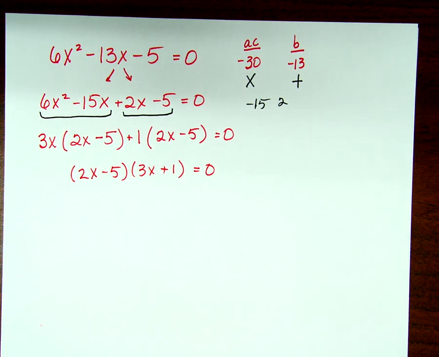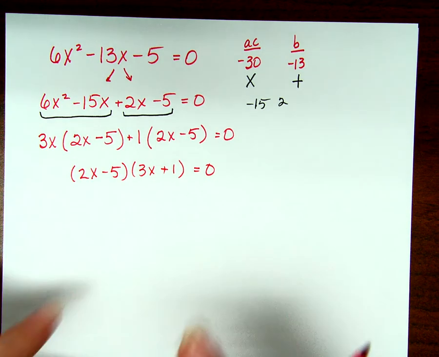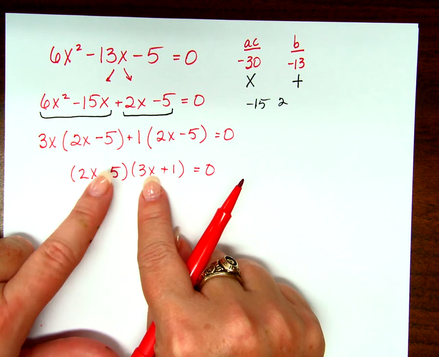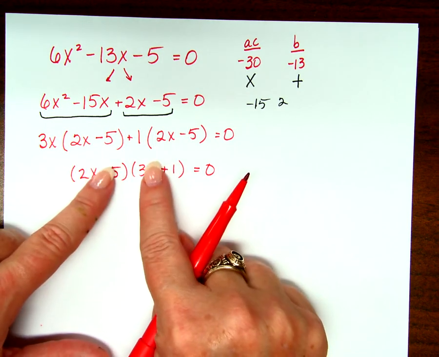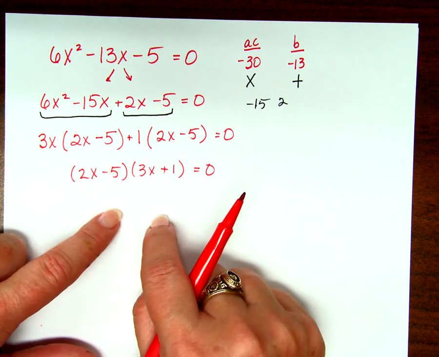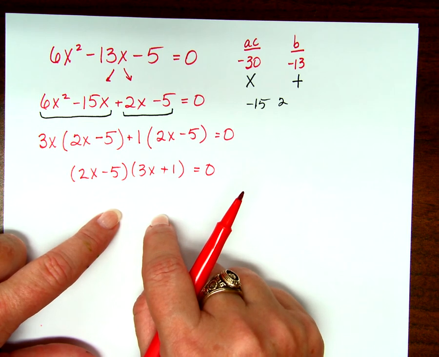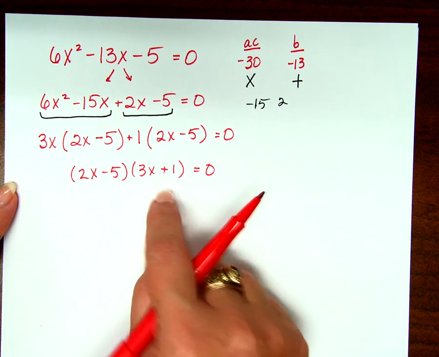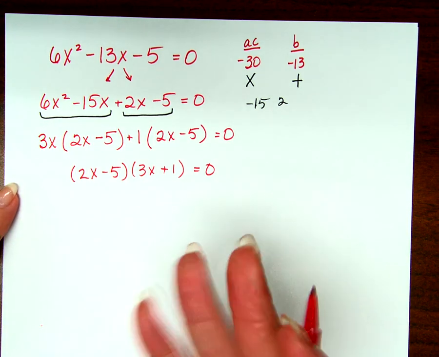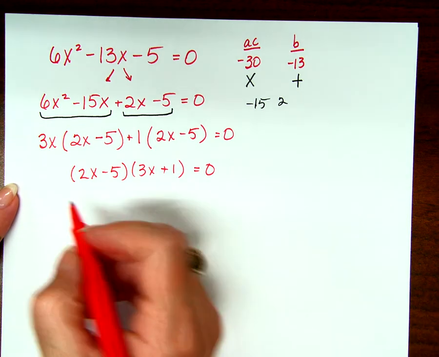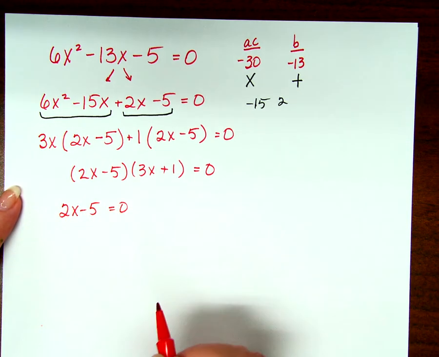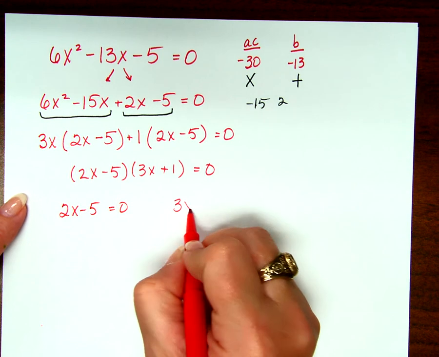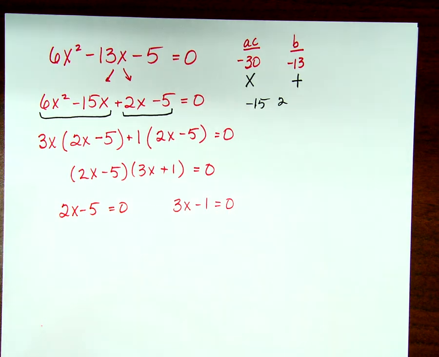Now here's the deal. If I multiply two numbers together and the answer is 0, what has to be true about at least one of these two? It has to equal 0, right? So I don't know which one, so I think maybe they both are just to cover all my bases, right? So I say 2x minus 5 equals 0. And I also say 3x plus 1 equals 0.